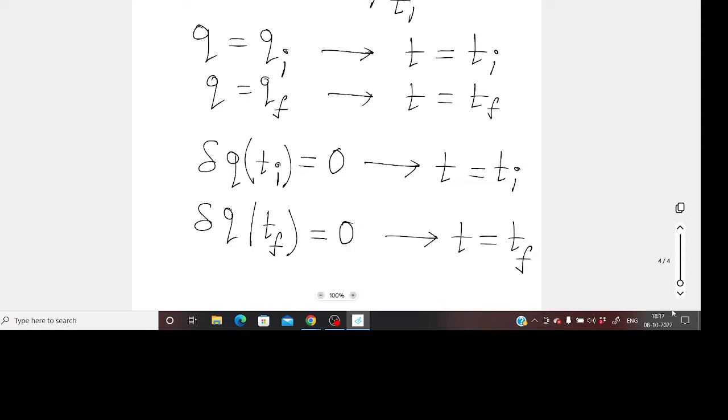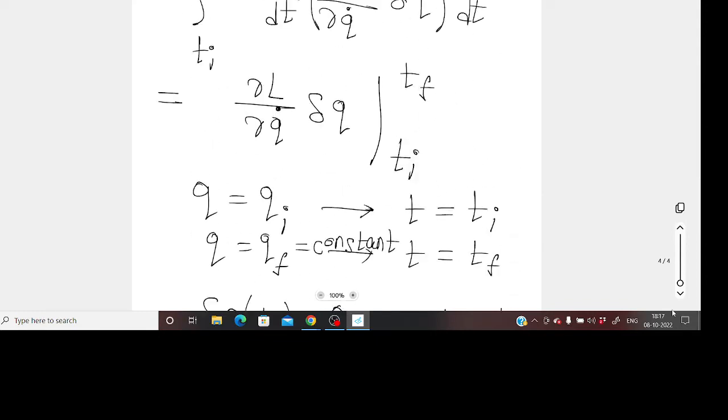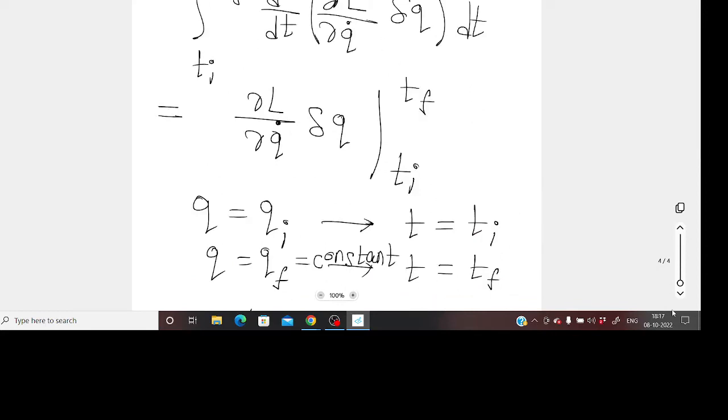Similarly at t equal to tf, for all the paths this q is constant. So what is the difference between the value of q for different paths? This will be 0 because this is constant. So delta q at t equal to ti and t equal to tf are 0. So this term is 0 because delta q at t equal to tf is 0 and also delta q at t equal to ti is 0. So the second term is 0.